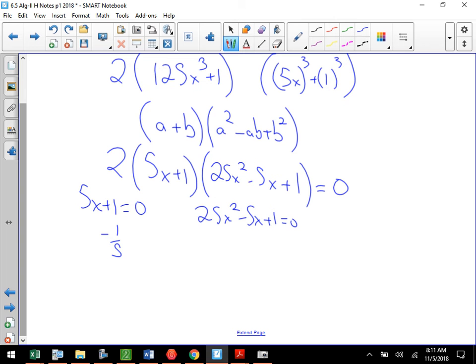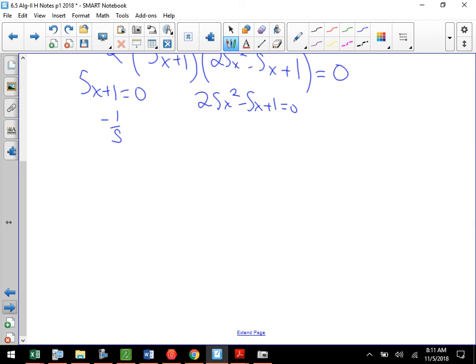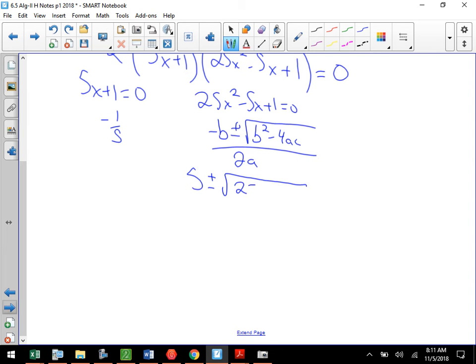So use quadratic formula real quick. Opposite of b plus or minus square root b squared minus 4ac over 2a. So let's see here. We get 5 plus or minus the square root of 25 minus 4 times 25 times 1 all over 50.